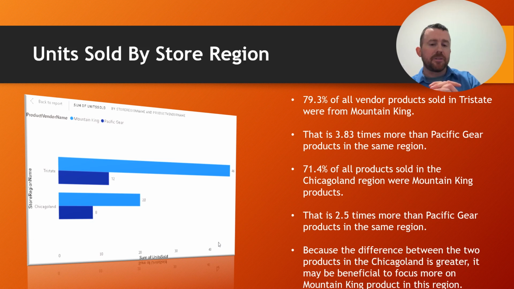Nearly 80% of Mountain King's products sold more in the tri-state region as opposed to Chicagoland, which is a little bit less, but still pretty high. In a couple slides we're going to go over the individual products, and then I think that'll shine a better light as to why there is such a discrepancy there.